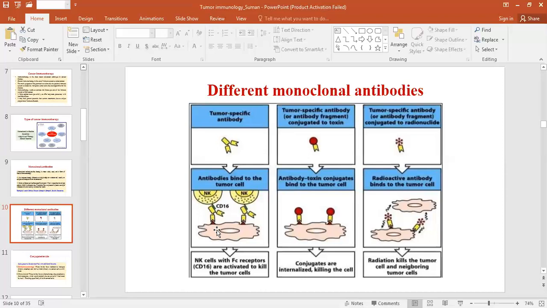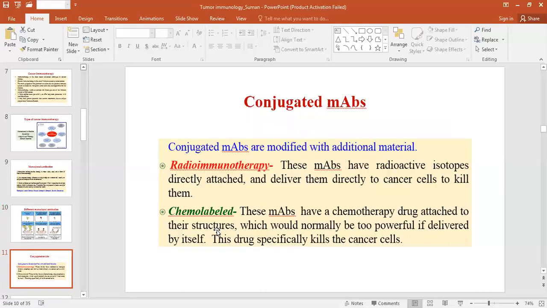And here, not only is this specific, they are also killing the surrounding normal cells as well as the tumor cells. So these are the methods of conjugated monoclonal antibody we can use, either in the form of radioimmunotherapy or in the form of conjugated chemotherapeutic molecule or chemo-labeled.